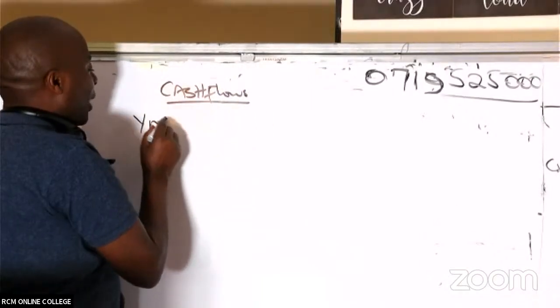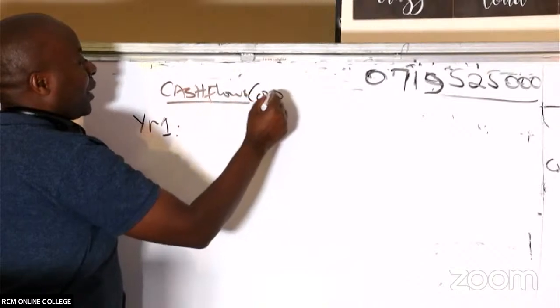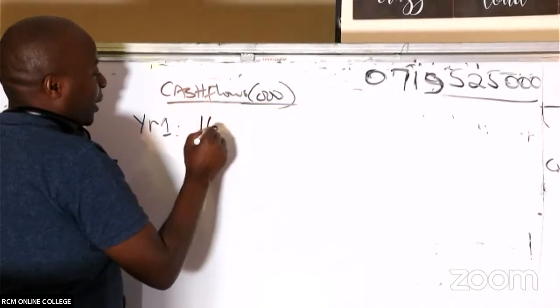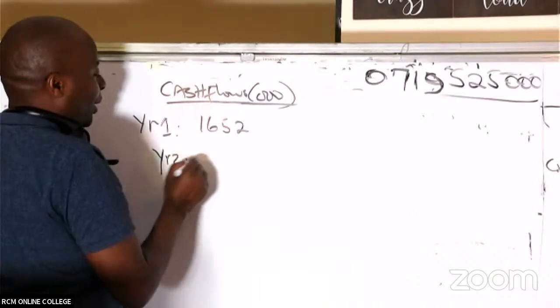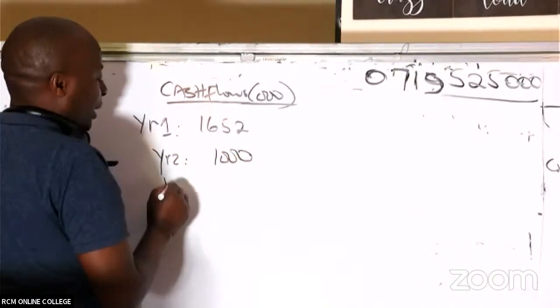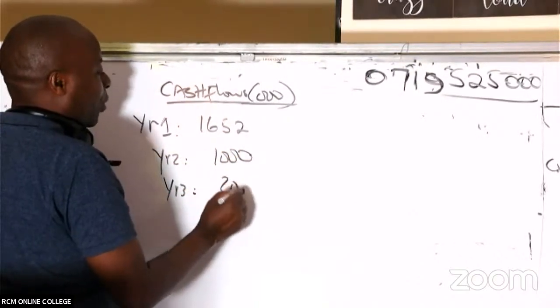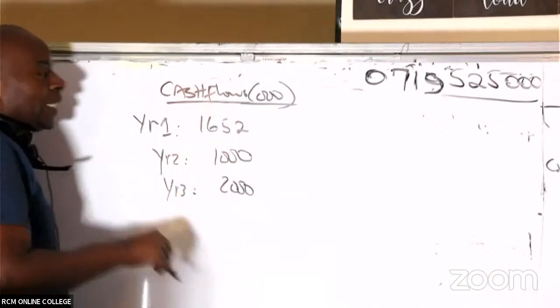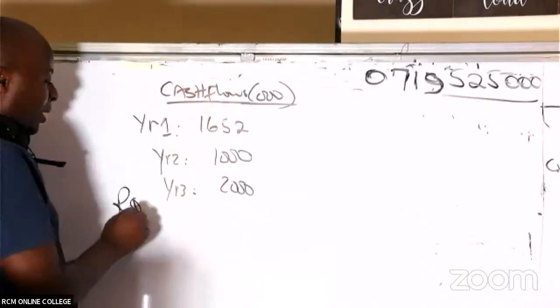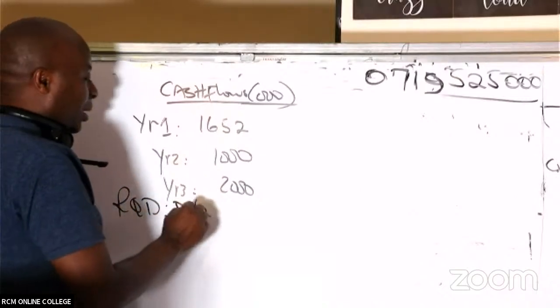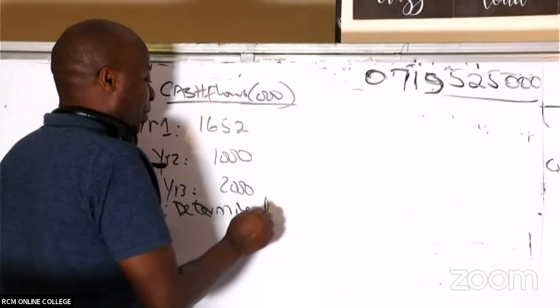So we have year one, in thousands, Mr. Karuki gets 16,552. Year two, he gets 1,000. Year three, he gets 2,000. Different amounts, irregular amounts. And then we are required here to determine the total present value.